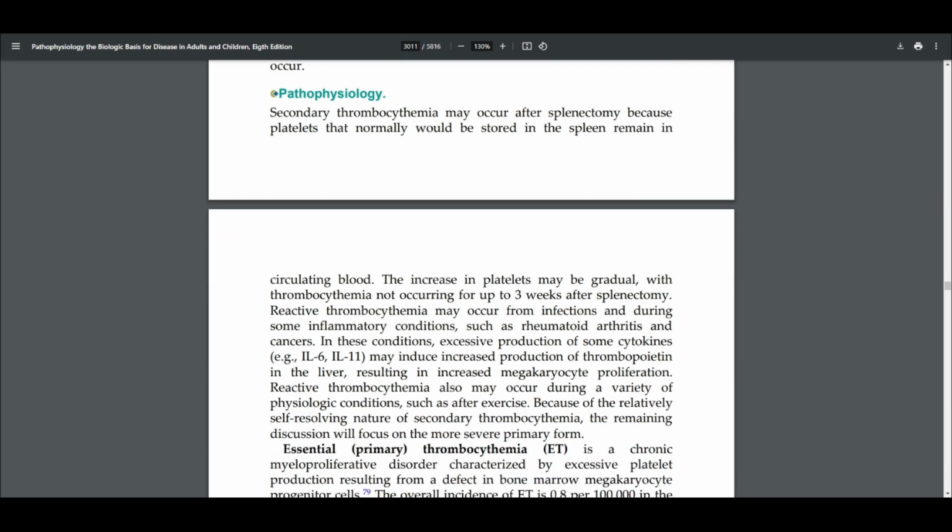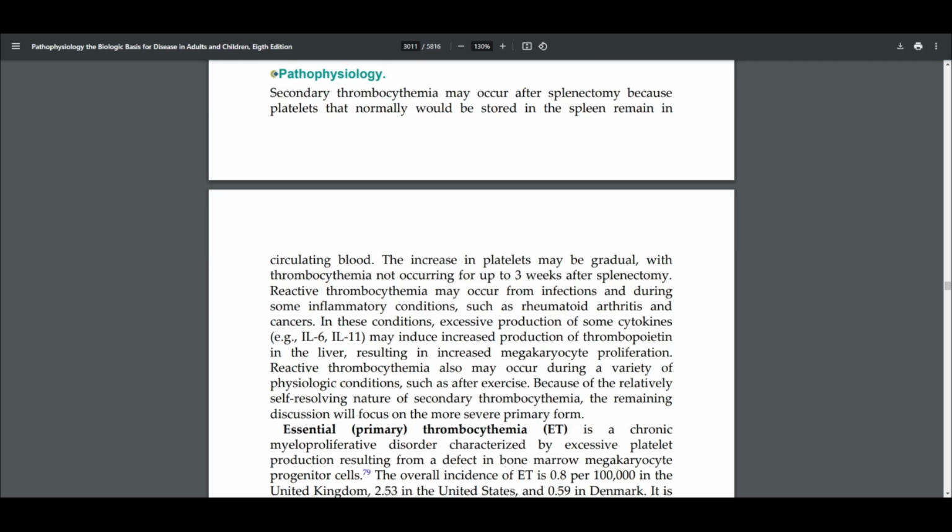So, its pathophysiology. Secondary thrombocythemia may occur after a splenectomy because platelets that normally would be stored in the spleen remain in the circulating blood. The increase in platelets may be gradual, with thrombocythemia not occurring for up to 3 weeks after a splenectomy. Reactive thrombocythemia may occur from infections and during some inflammatory conditions, such as rheumatoid arthritis and cancers.